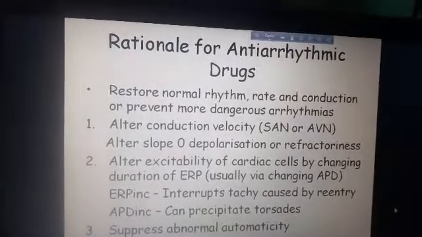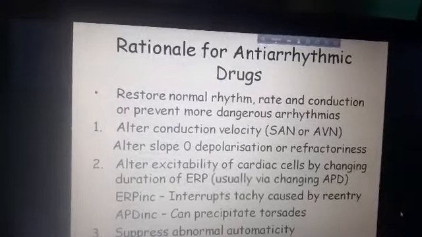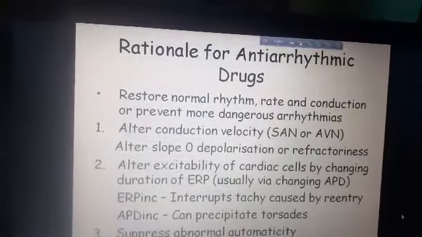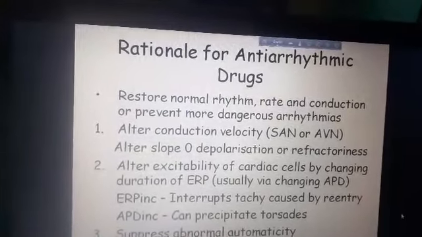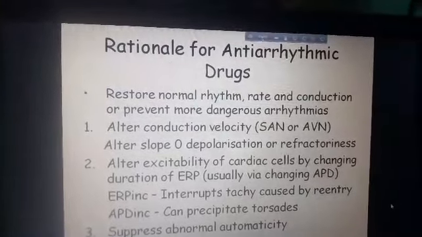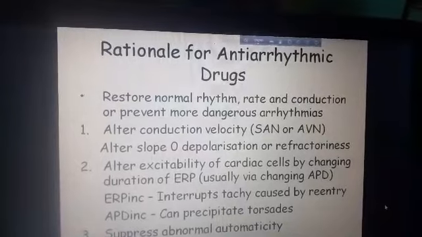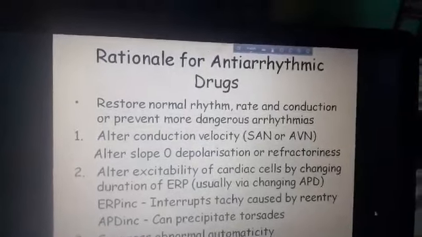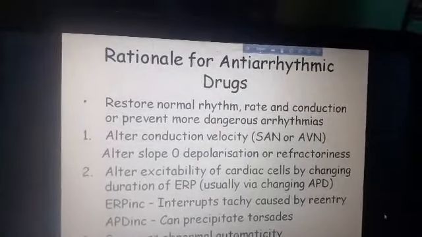Also early after depolarization is common if it is happening during phase 1. Depolarization is from phase 1 to phase 3. Phase 1 is when the calcium channel is not opened yet, and phase 3 means the calcium channel has already closed.